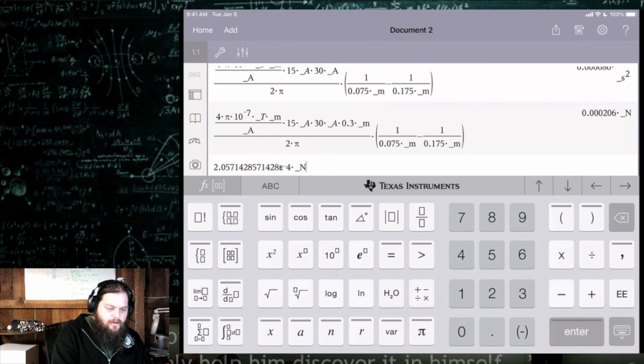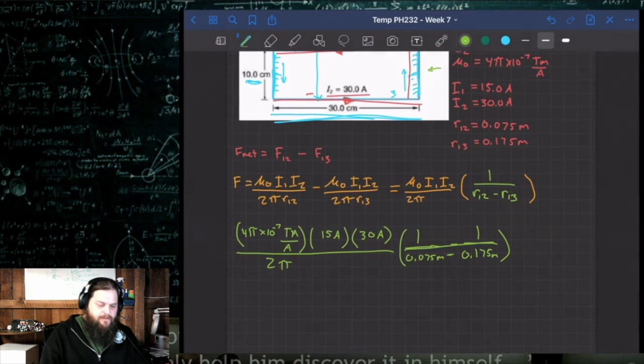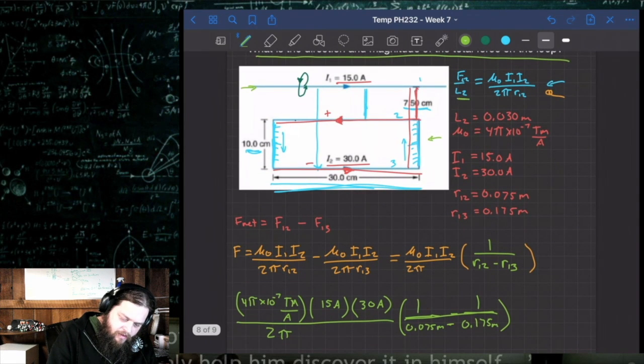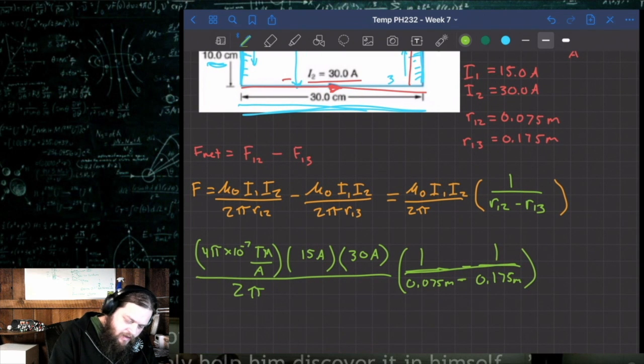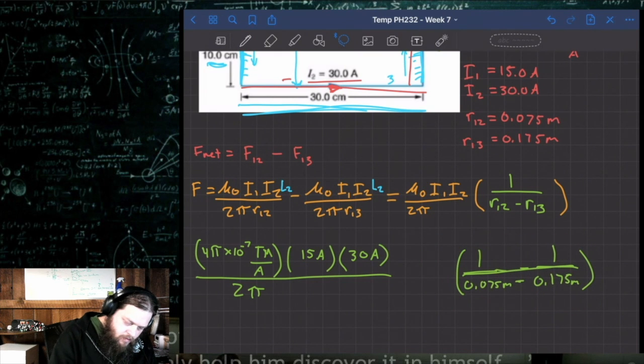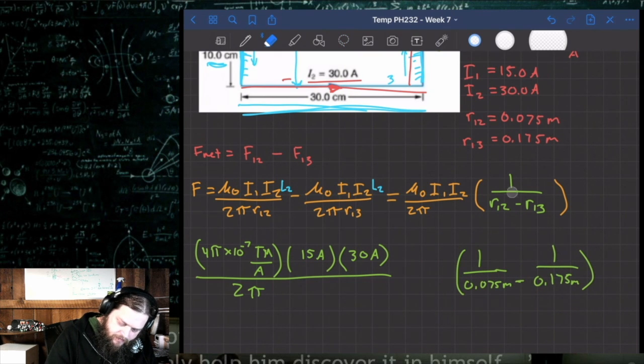That gives us 2.06 times 10 to the negative 4 newtons, so negative 4 would be 0.000206. Let me fix this. I forgot to put in my length there. I should multiply that over to find that force. So I need to input the length in there, sorry about that.